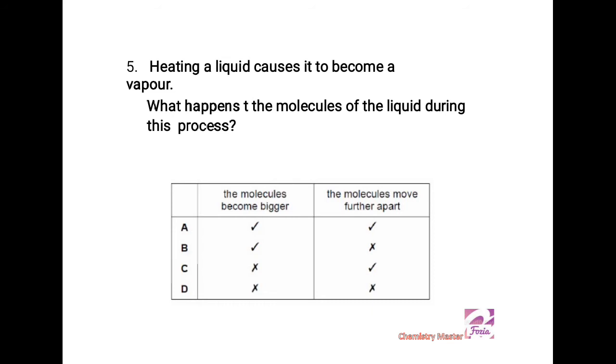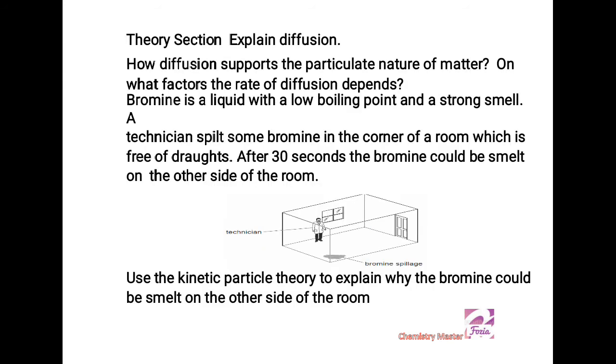The concept is that there is no change in the shape and size of the particles; only their intermolecular distance increases or decreases, and their kinetic energies and the strength of their binding forces change when a substance changes its physical state. So you have to see in which category the correct answer lies.